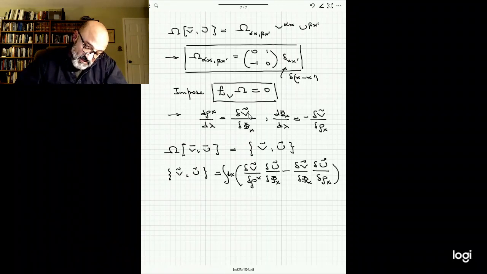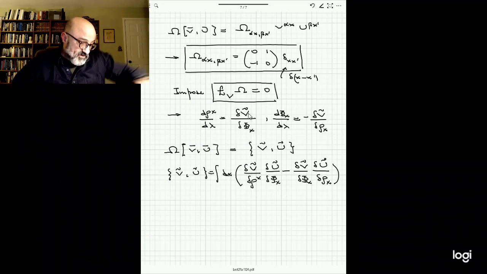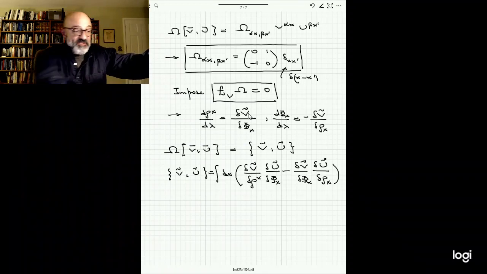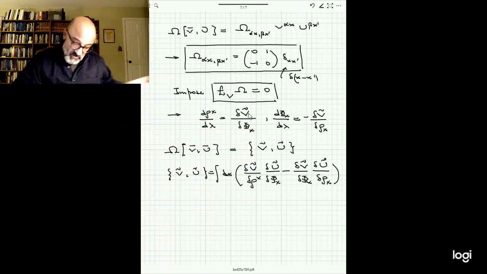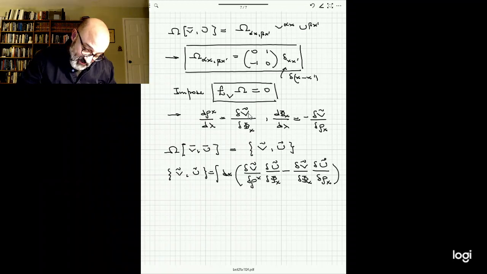We just integrate there. So you see the mathematical formalism is exactly the same. We have obtained Hamiltonian flows. So these are Hamiltonian flows.